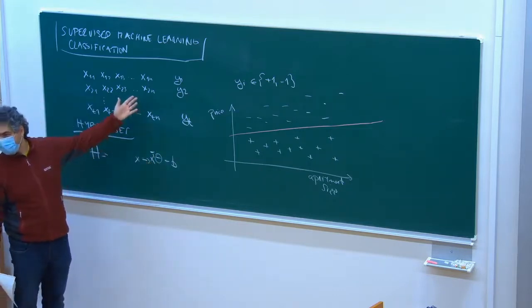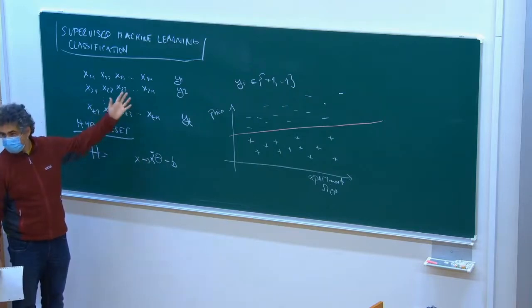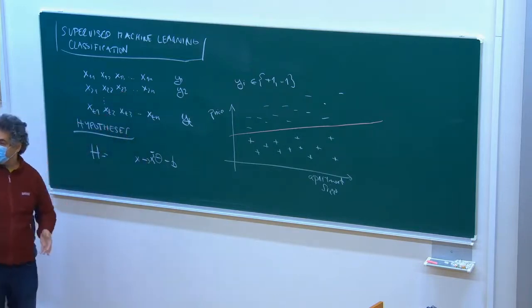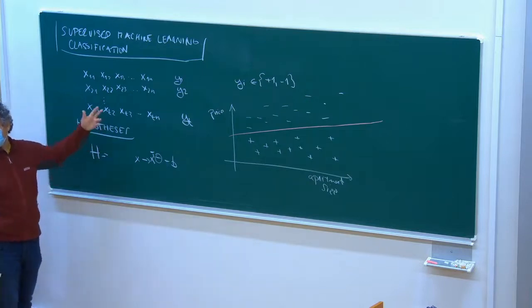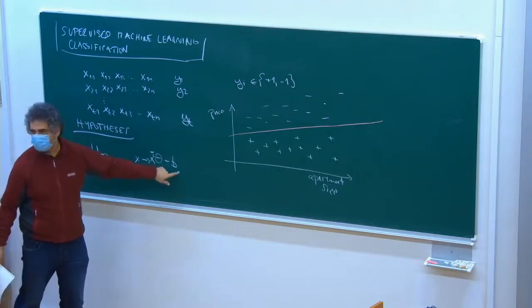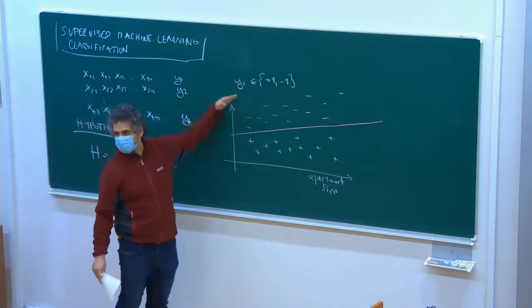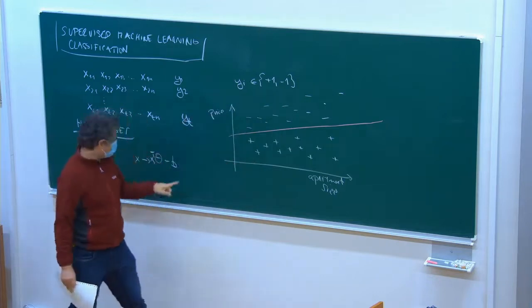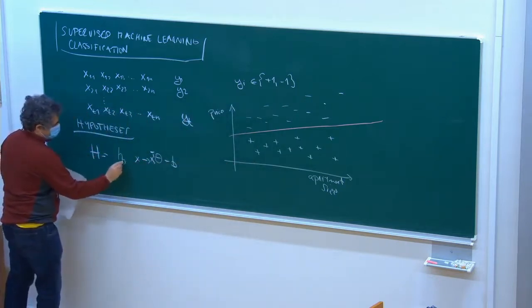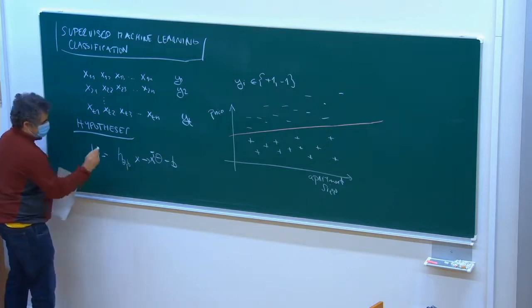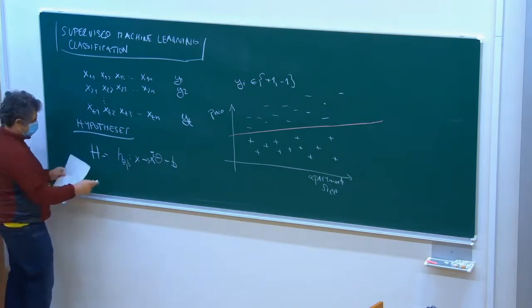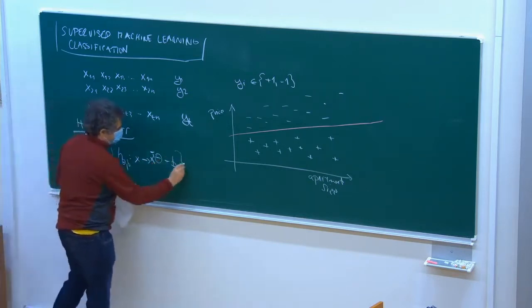Right now we don't have the trick with the intercept, so that I keep you on your guard about when we have and when we don't have an intercept. So we don't have a column with an intercept, so we have to introduce the term that shifts the line around. Okay, so that's this b. And so we have parameters that are the vector theta and the number b, and the function will look something like this. So this will be our space of hypotheses.